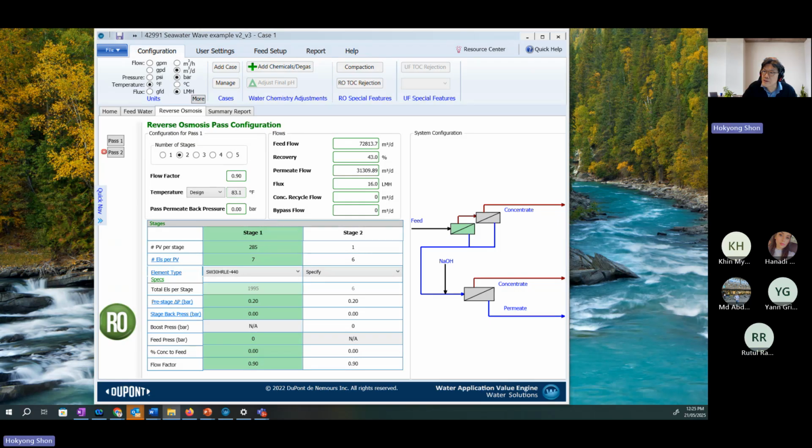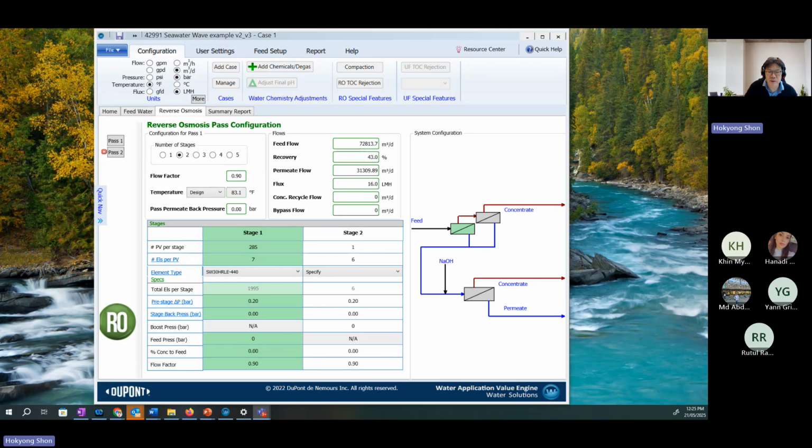If you see the assignment example, the good exemplar, they mention screening, prefiltration, different chemical dosing, the pre-treatment, reverse osmosis and post-treatment.